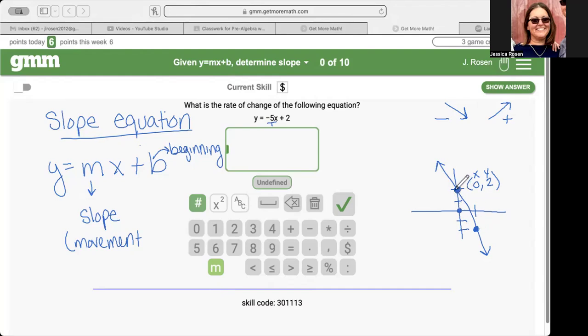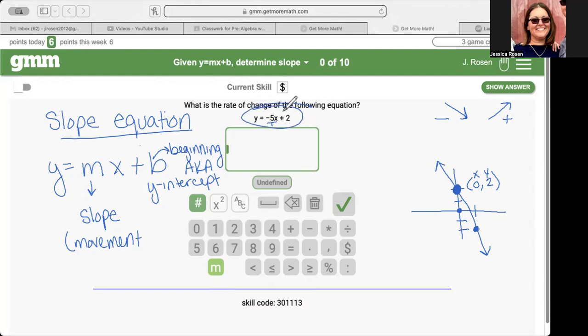So always find your beginning point on your y-axis to find your slope, and that is also giving you the y-intercept. I call it the beginning just to help me move through things. So beginning, aka y-intercept.